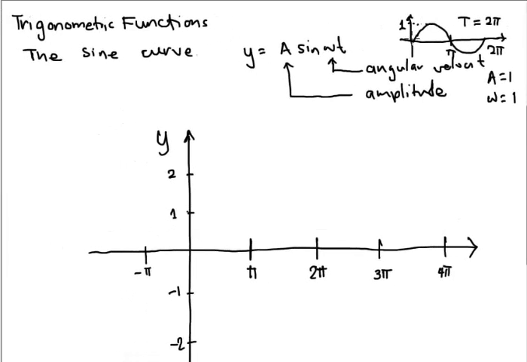Somewhere here, there, and there, the value of y is 0, isn't it? Then we say that the function has zeros. Let's write there: zeros at 0, at pi, and at 2 pi. That is important. We'll see how we're going to use that.